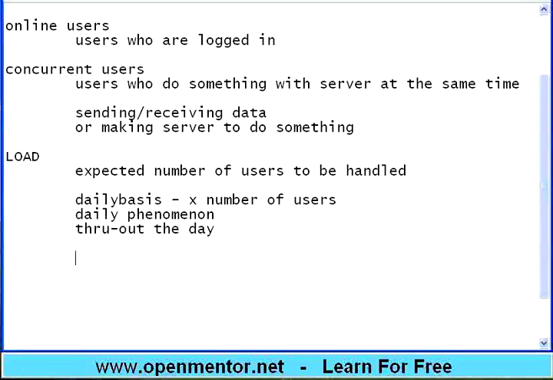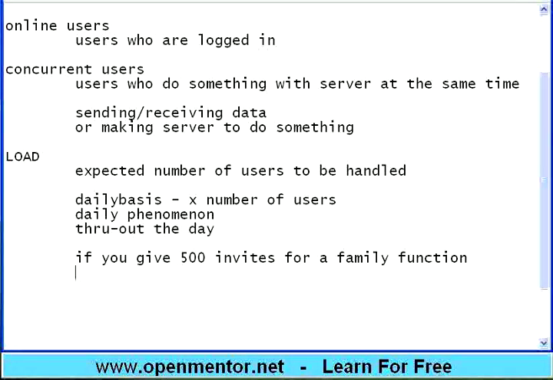For example, if you give say 500 invites for a family function, right? How many people do you expect? Maybe all the 500 invites are responded, may not be, maybe 60%. Per invitation, maybe 2 people coming, so 300 invites into 2 people, 600 people may turn up.